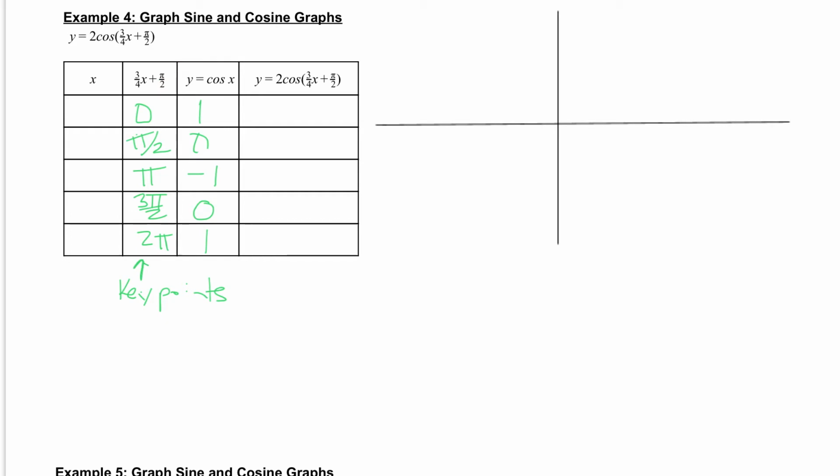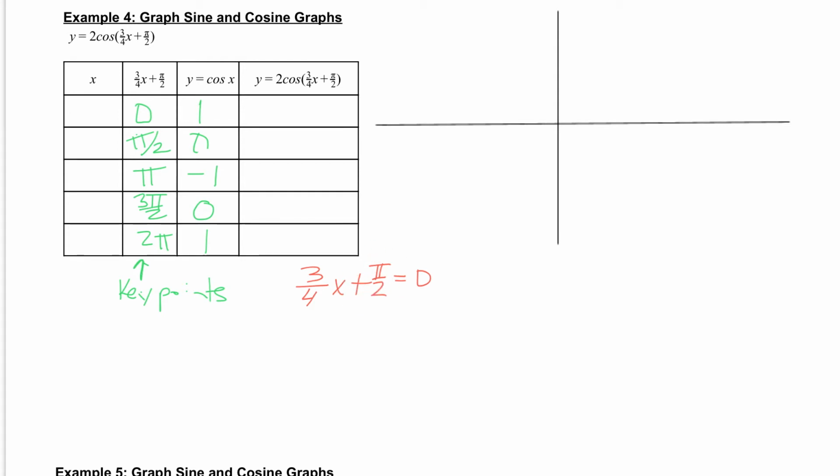Then what we need to do is figure out what x values we want to use for our actual graph. And to find these x values, you're taking whatever's in the parentheses and setting it equal to each of those 5 key points. So we'll start with that 3/4 x plus pi over 2 and set it equal to 0. First thing we would do is subtract pi over 2 from both sides.